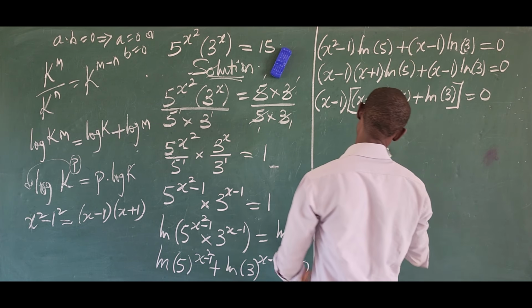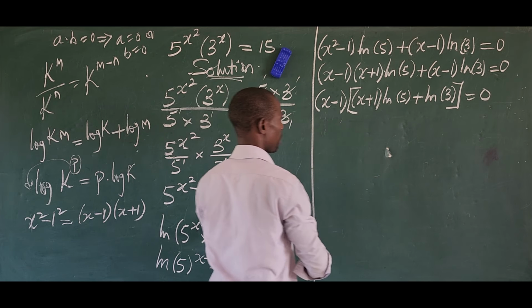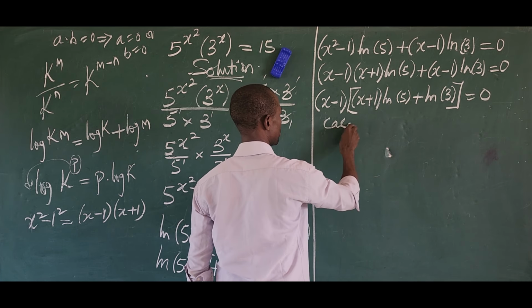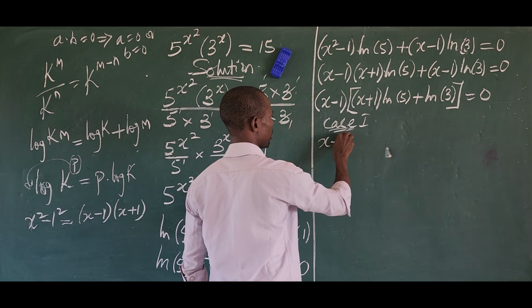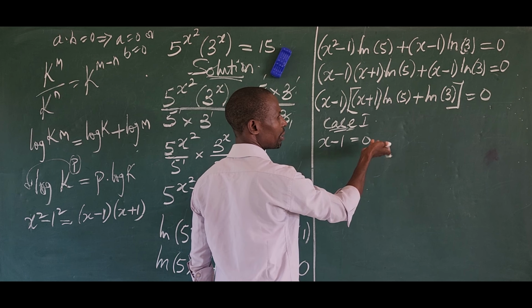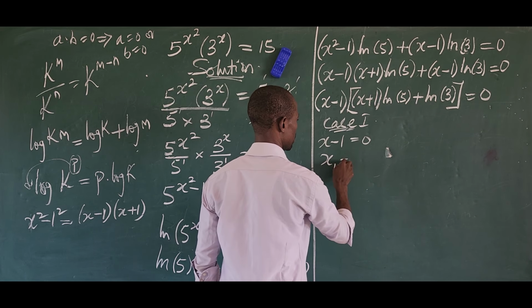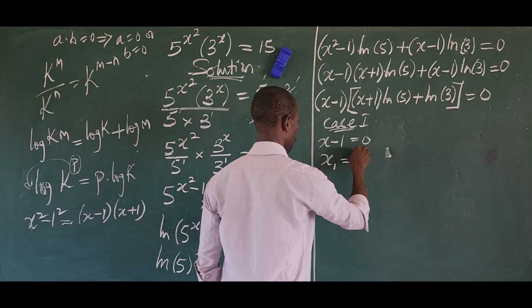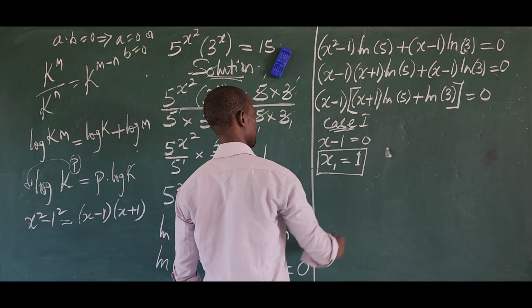Good. So if we apply that here, this is our a, the whole of this is our b. So we're going to have our first case scenario, case 1. Case 1, we're going to have x minus 1 is equal to 0. So if you add 1 to both sides of the equation, we're going to have x1 is equal to positive 1. All right.